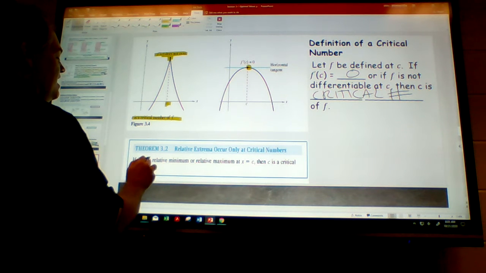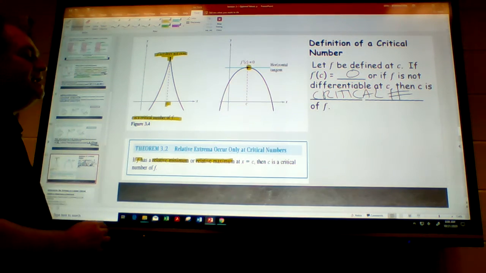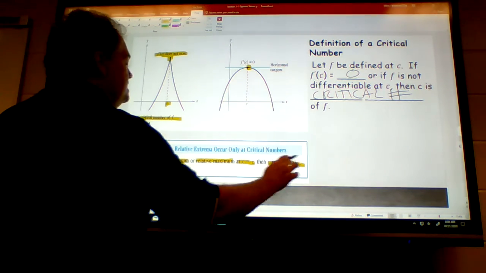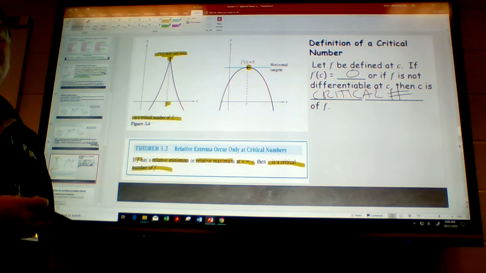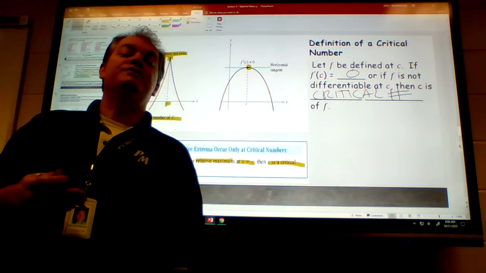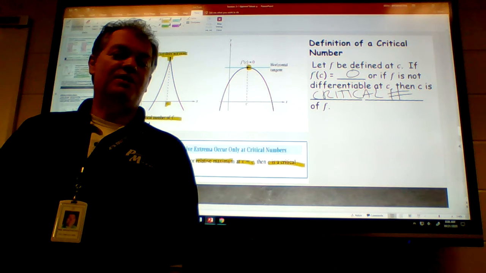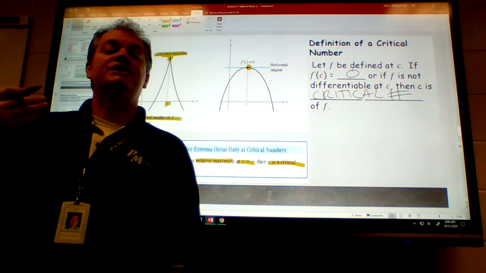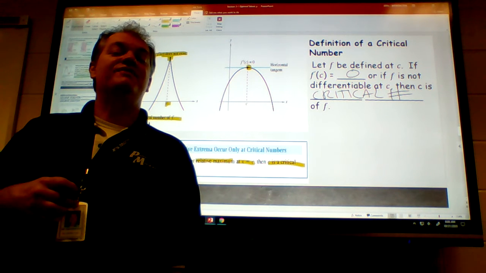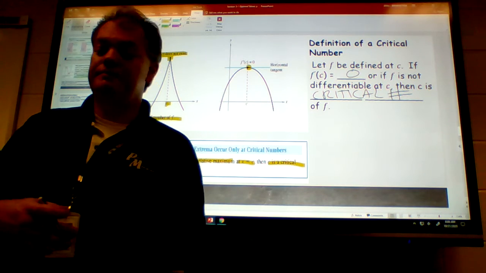So if f has a relative min or a relative max at x equals c, then c is a critical number of f. So remember, you're looking for two things. When you differentiate it, at which values does f prime of x equal 0, or where does it not exist? That's what you're looking for.